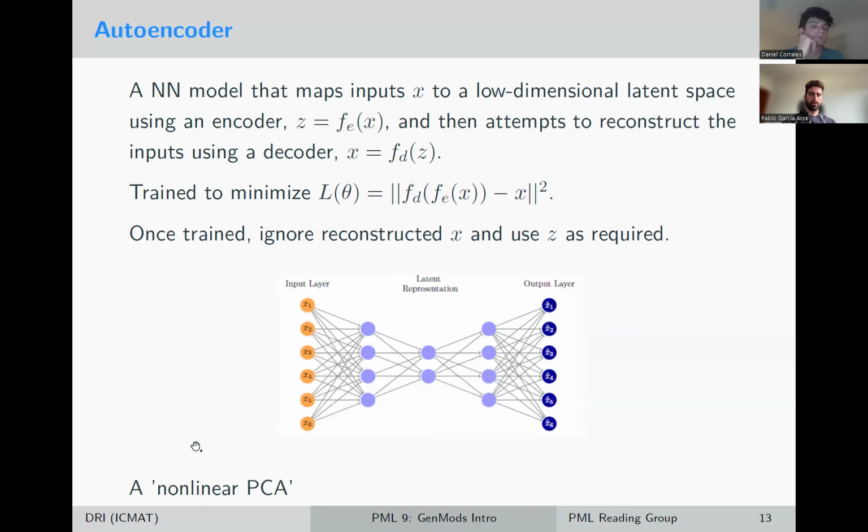Basically, this can be seen as a sort of nonlinear principal component analysis, if you will. Actually, if the encoder and the decoder were linear, we would be recovering PCA.